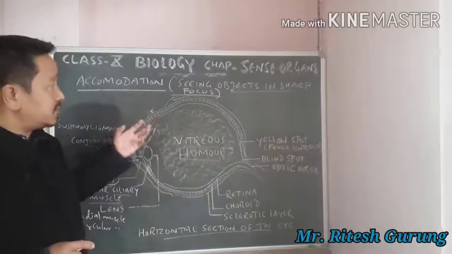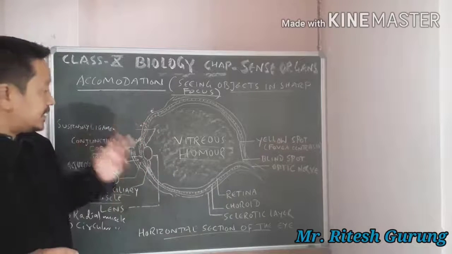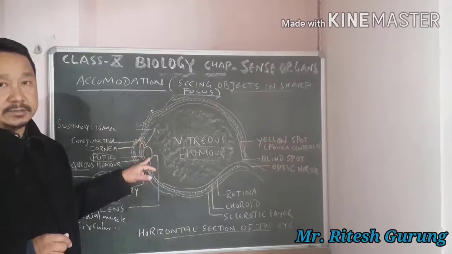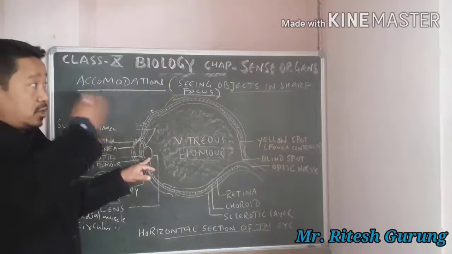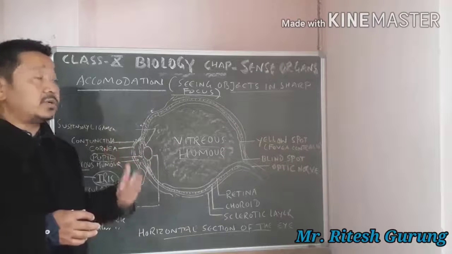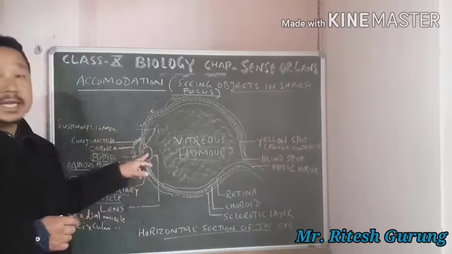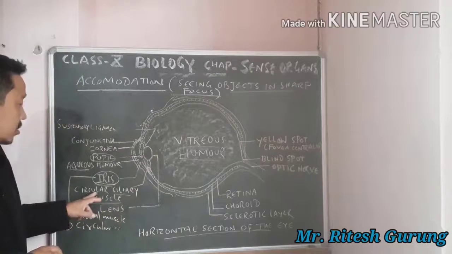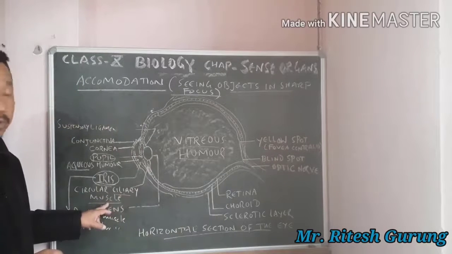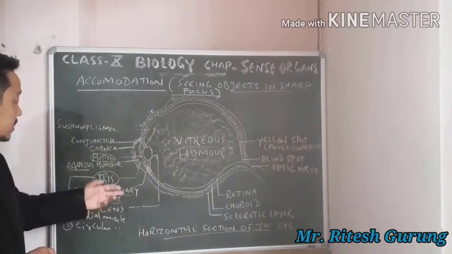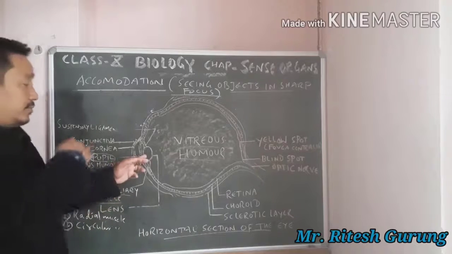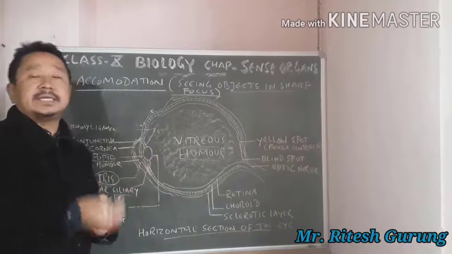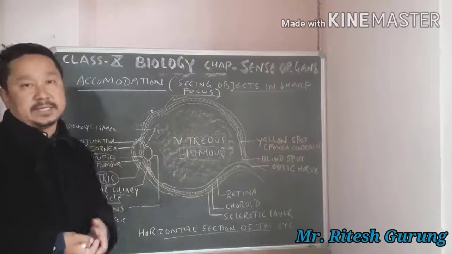This is mainly brought about by the change in the shape of the lens, which is controlled by the circular ciliary muscle there. So this circular ciliary muscle makes this lens change its shape as per the need.